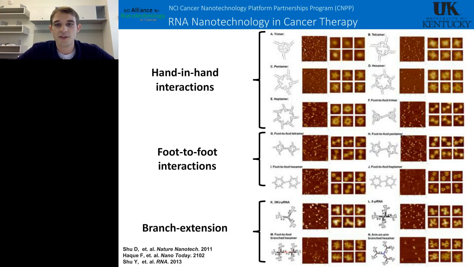And then using the foot-to-foot interaction, you can extend the complexity even more and make these foot-to-foot trimers. So you're combining foot-to-foot and hand-to-hand to make these diverse shaped nanoparticles. And basically what this does for us is give us the polyvalency, and we can attach multiple functional groups to each of these particles.